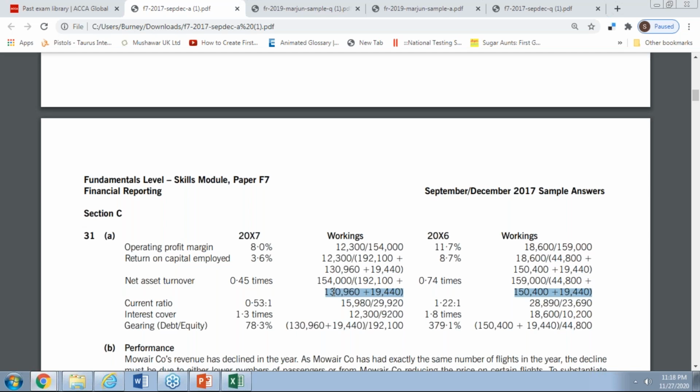But as the revenue is going down, why does it increase? It increases because of the repayment of the loan. Because the company has paid part of the loan, that is the reason the company's asset turnover has shown an increase. Is that clear to all of you?